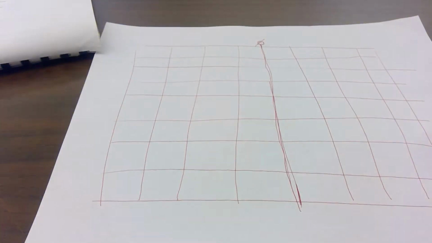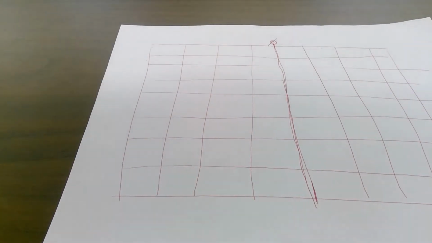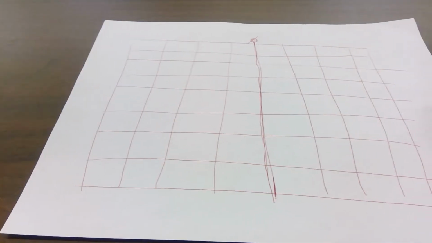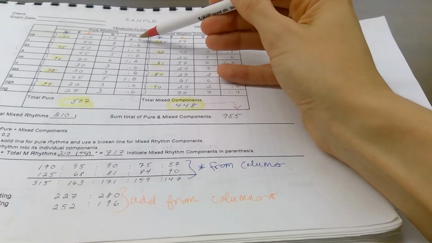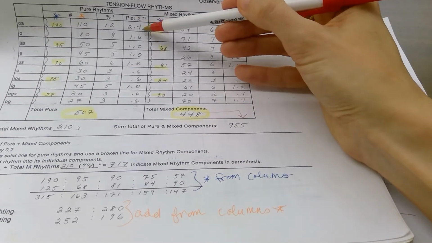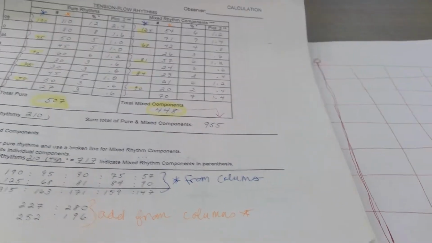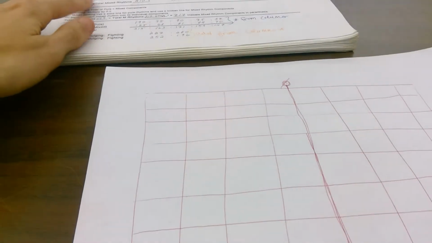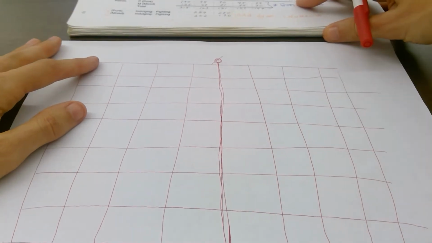So to show you, I have drawn a graph so that we can go back and look at how to plot our points. First we go to the pure rhythm side, and we want to plot each of these points on the graph. You can follow along in your manual.